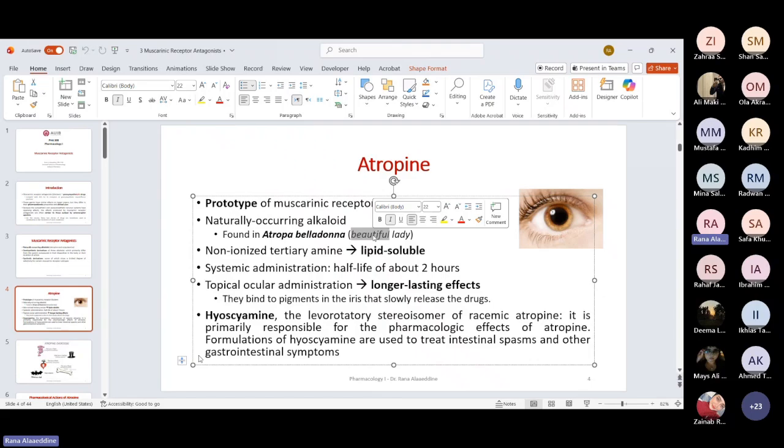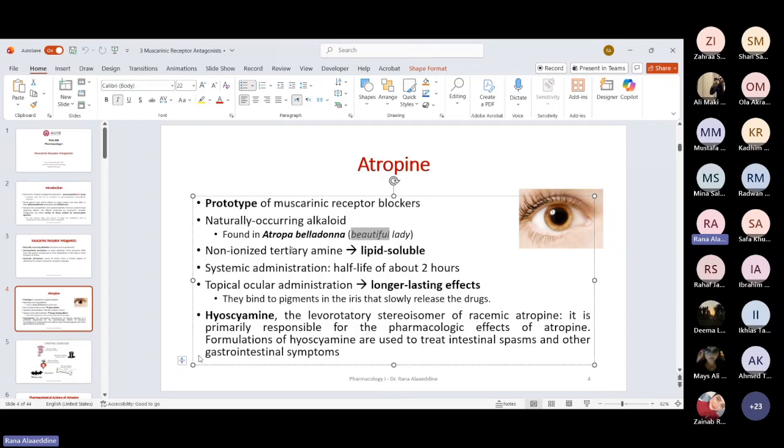Why? Because back in the days, they used to have an extract of this, and this has atropine in it, and this would cause the pupil of the eye to be larger, which was regarded as a beauty sign. So this is mainly why they call it Atropa belladonna.